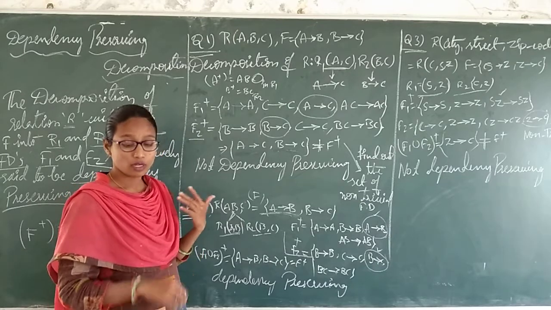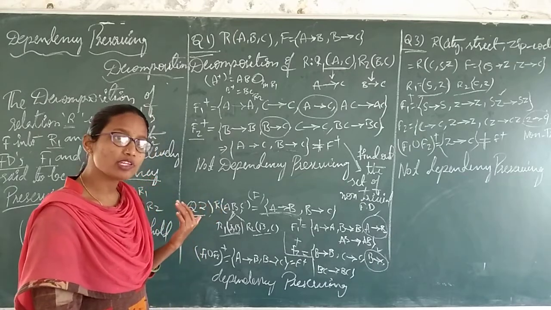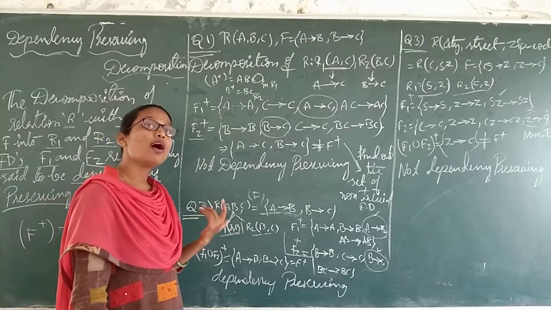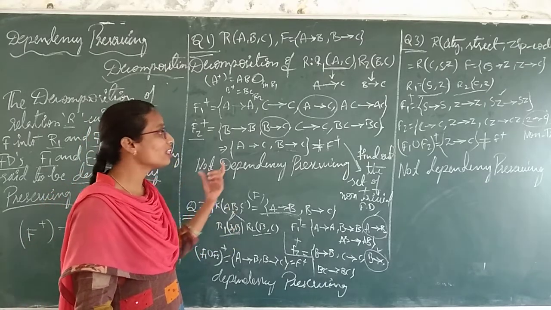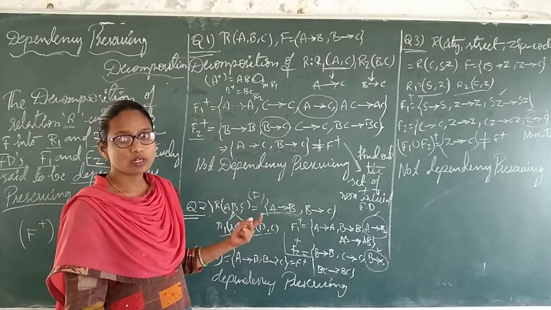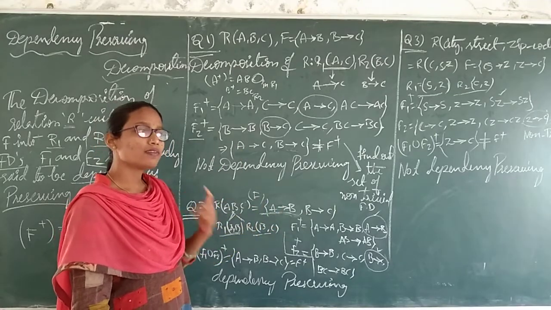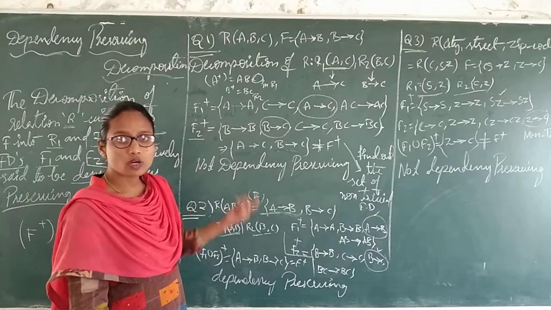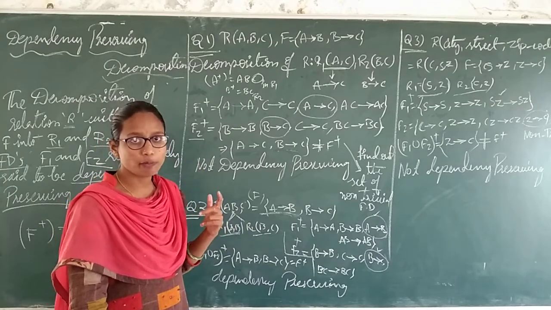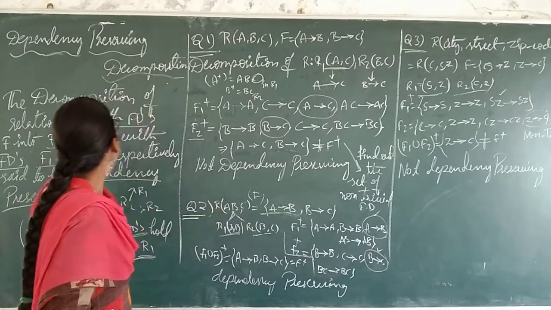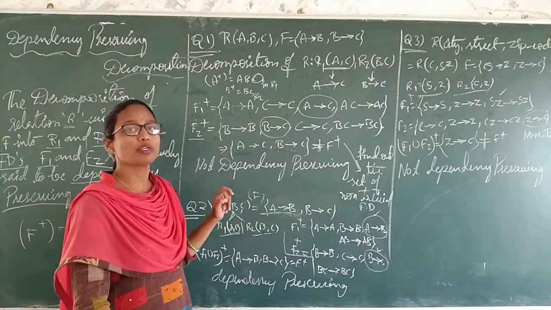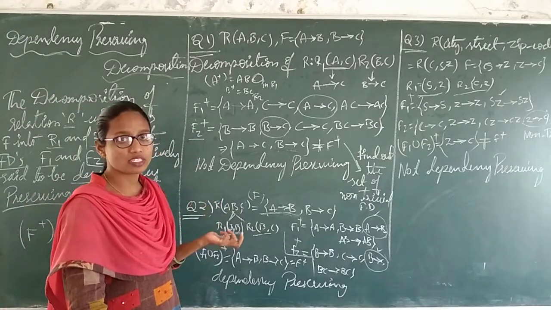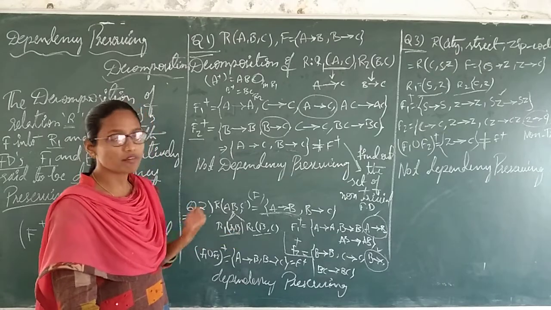Why do we go with lossy and lossless decomposition? Because after reconstructing the relations, we might not get the previous relation back. That's why we go with lossless and lossy decomposition. And the dependency preserving decomposition is also important before learning normalization. This topic is also very important.